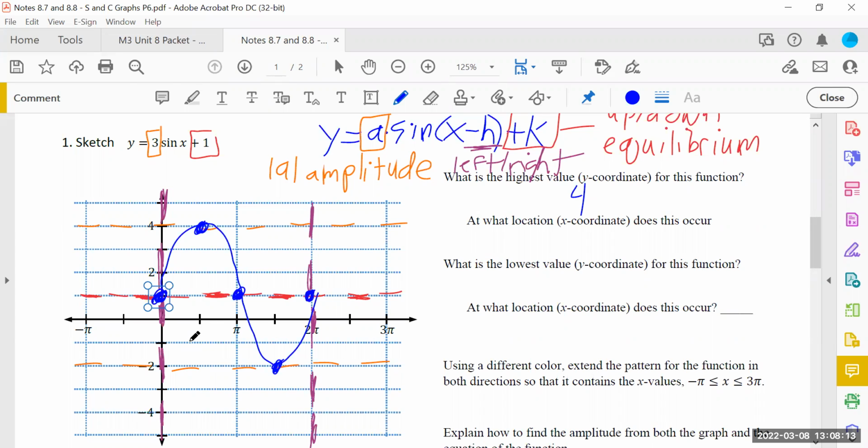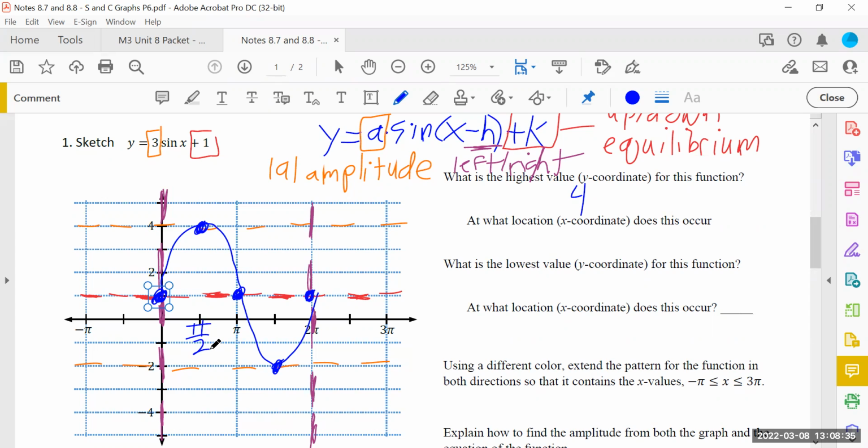You could say 0.5 pi. It's the same thing. This is halfway between 0 and pi. Halfway between 0 and pi is pi over 2. You can label that on your graph right away if you want to. That's always going to be pi over 2, halfway in between. It won't always be our maximum point.